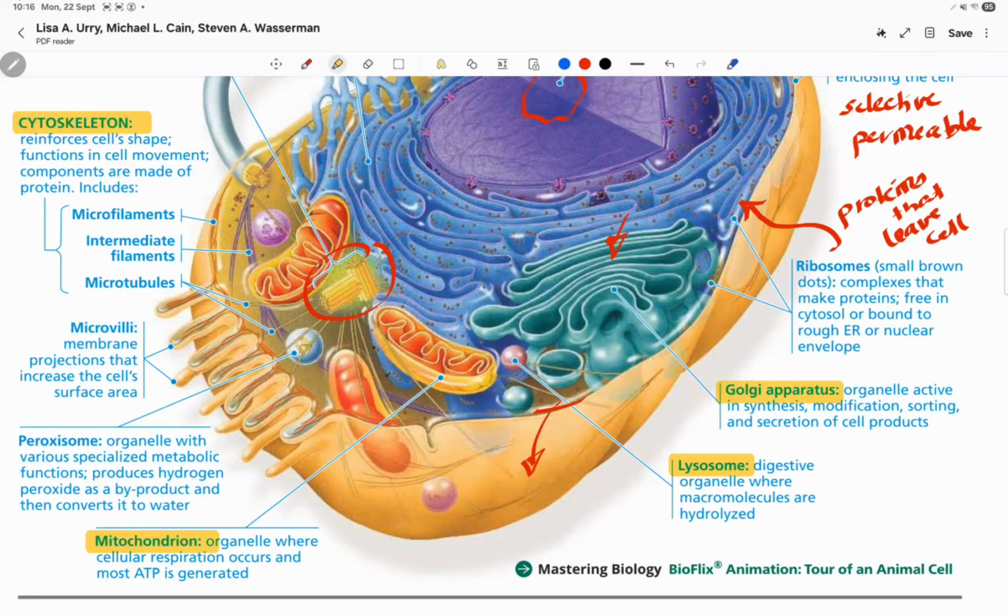They must have this skeleton on the inside. It's called a cytoskeleton, which is made of microfilaments and microtubules along with intermediate filaments. Whenever you see the word projections, we're talking about increasing of the surface area, which will always be a good thing because it always means more reactions will take place.